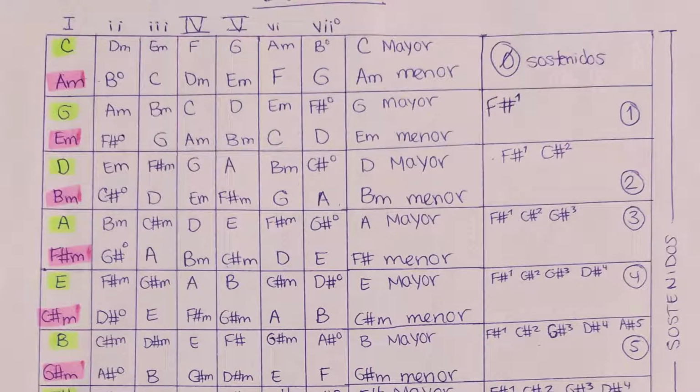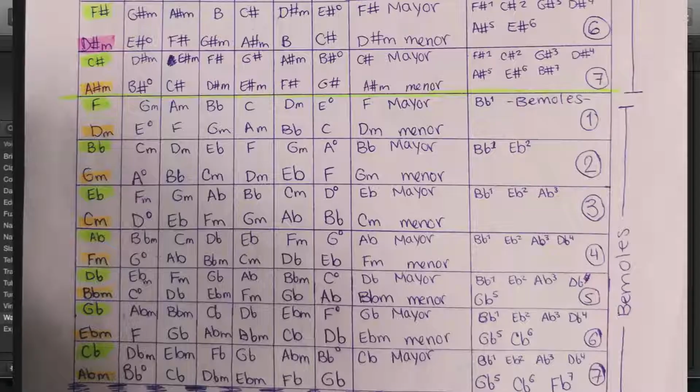The only exception is usually this seventh note that may change just a little bit, but besides that, most of the other chords should match this table, which I recommend you screenshot so you can have it with you, and it will be very helpful anytime you're trying to figure out the key of a song.